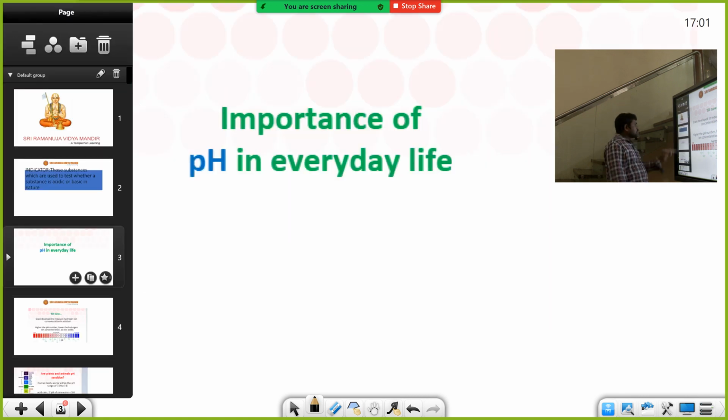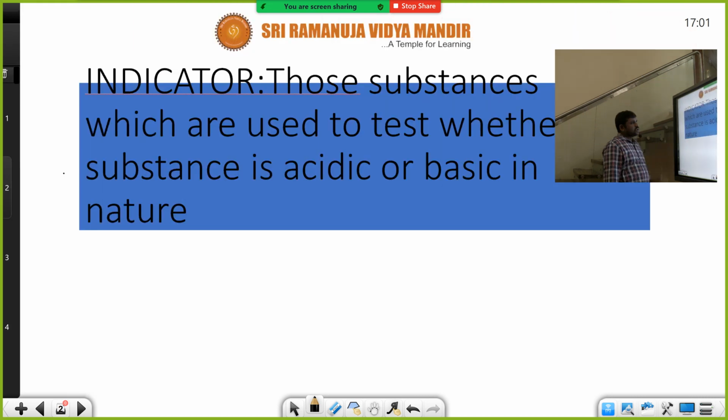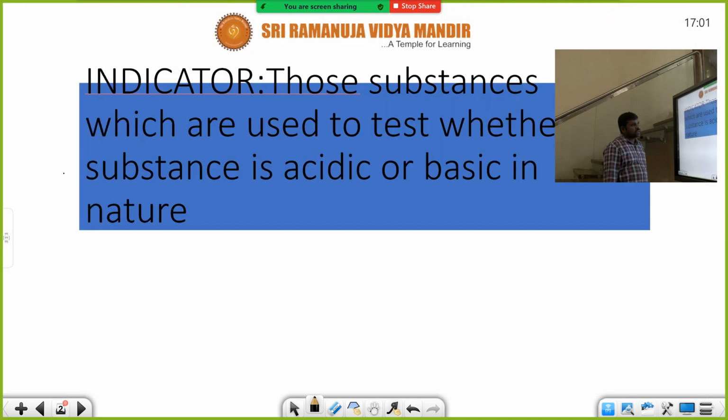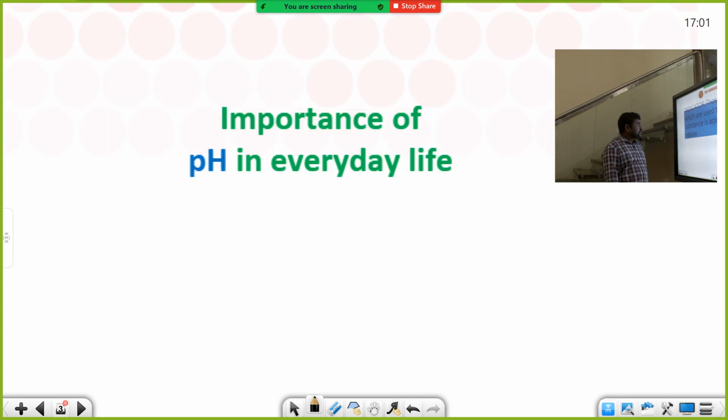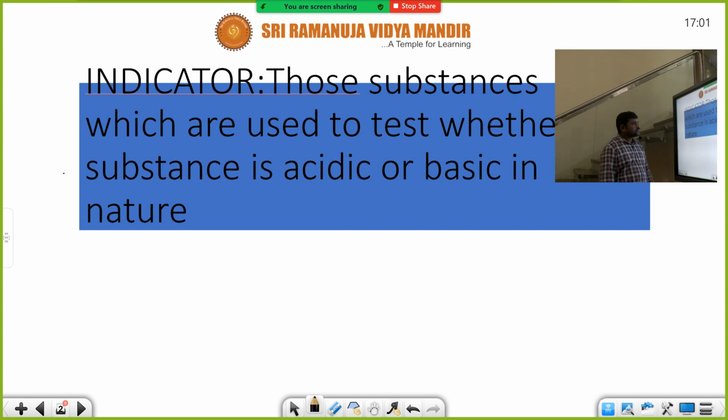Those substances which are used to test whether a substance is acidic or basic in nature, that is the indicator. Indicators are of two types, natural indicators and synthetic indicators.